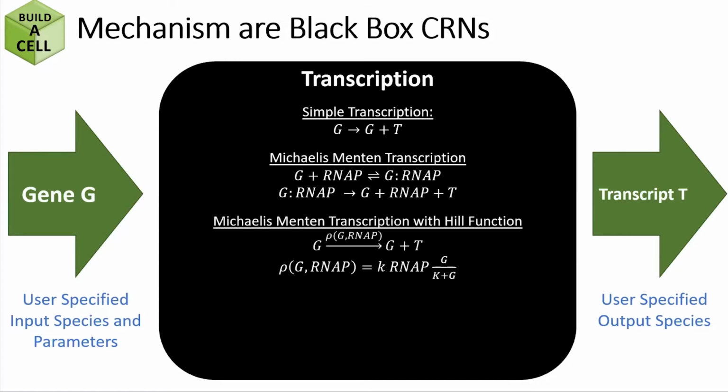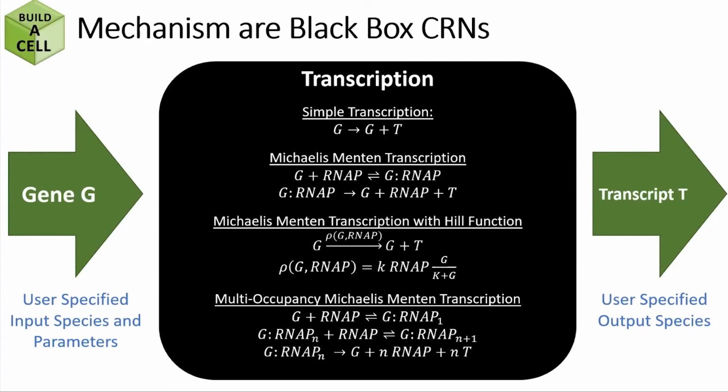Or maybe I decide I want to simplify this to Michaelis-Menten transcription with a Hill function, where instead of using a mass action propensity, I'm using a Hill function propensity, but I still have my transcription rate depend upon the amount of RNA polymerase. Or maybe I want to go even more detailed and realize that lots of RNA polymerases can bind to the same gene, and that you might have some sort of multiple occupancy where there can be many polymerases on a gene that then all transcribe.